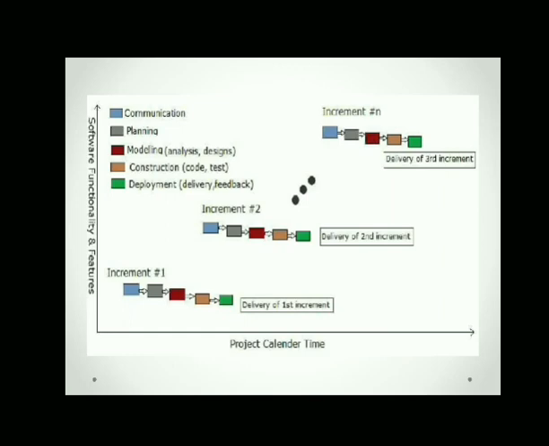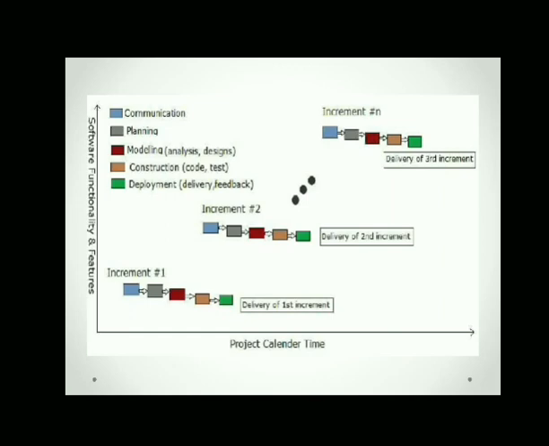Here in this diagram you can see a vertical bar represents the software functionalities and features, and the horizontal bar represents the project calendar time. First, for delivering a basic core requirement, we require less time. Then in the second increment, we add more functionalities and features.